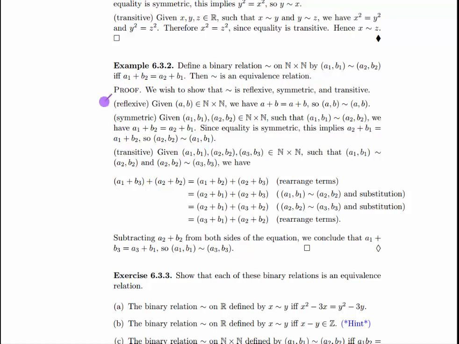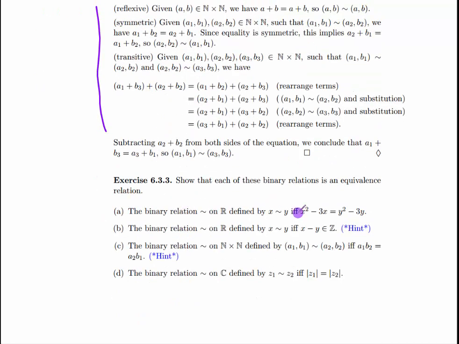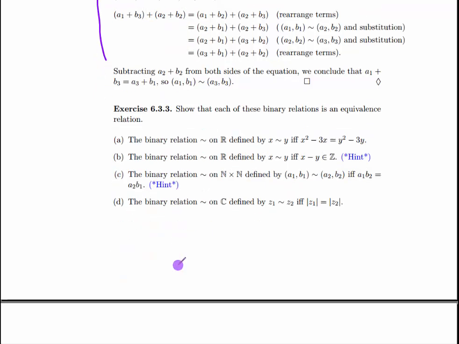Now I could rewrite this as a1 minus b1 equals a2 minus b2. The next one says I have a binary relation where x is related to y if x squared minus 3x equals y squared minus 3y, and this gives me a relation which turns out to be an equivalence relation. You go through all of these, and you'll see that all of these are equivalence relations.